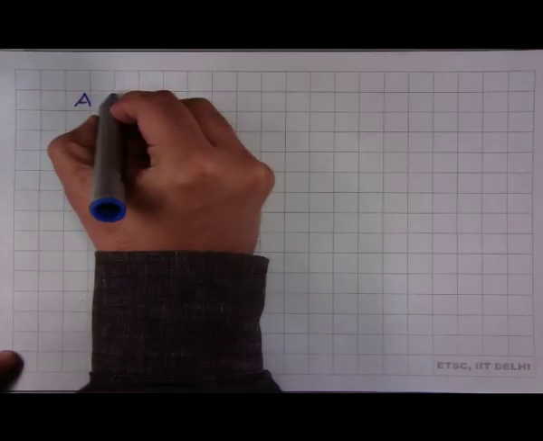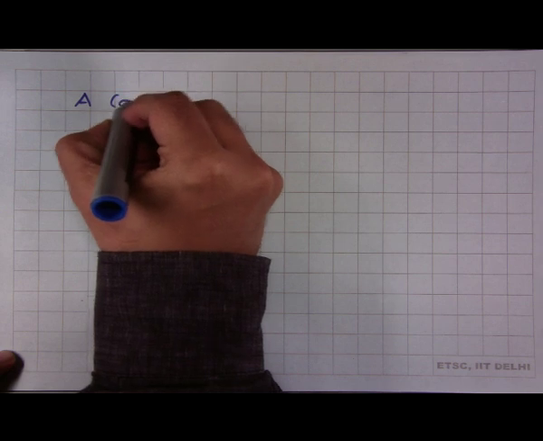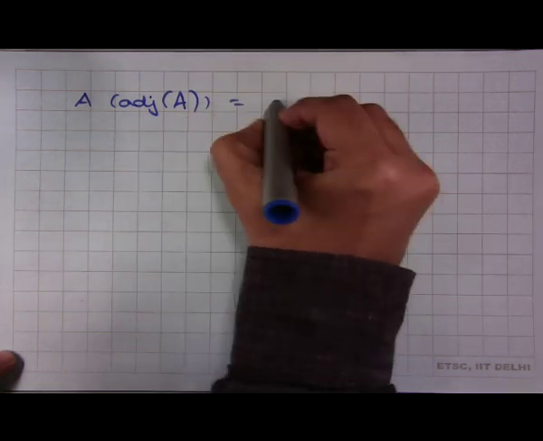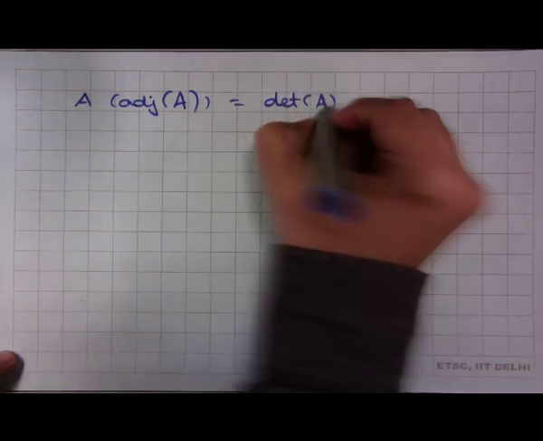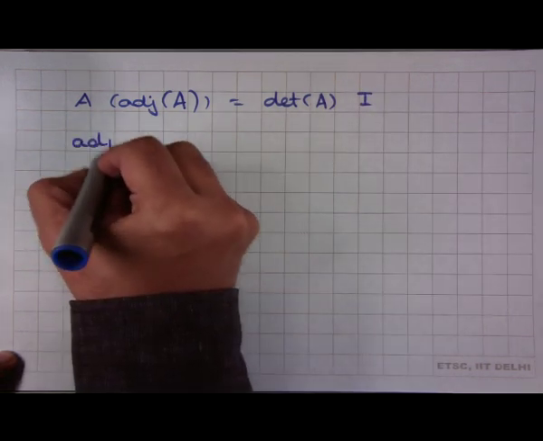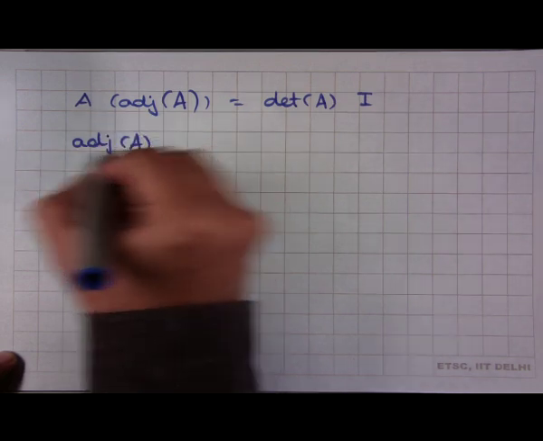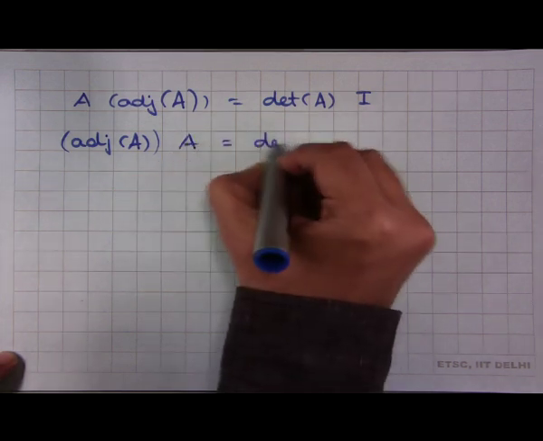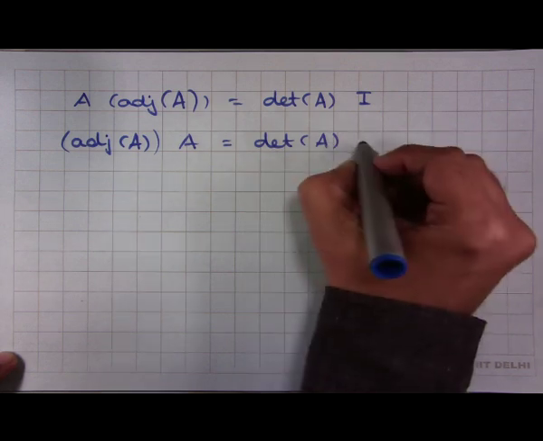So, the statement that we want to make, or the equation that we want to write, is that A times adjoint of A, this we found to be equal to determinant of A times identity, and you can also check that if instead of post multiplying adjoint of A, we say adjoint of A times A, that will also come as determinant of A times identity.